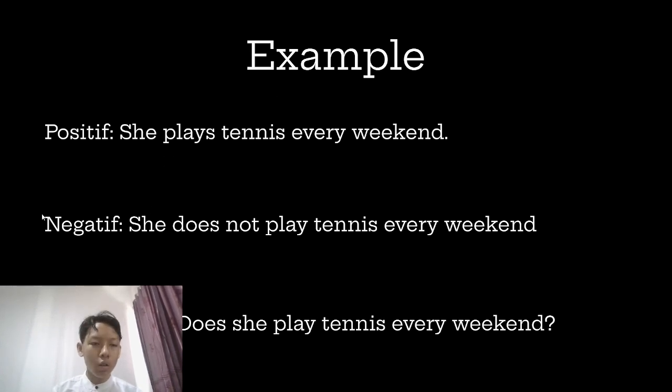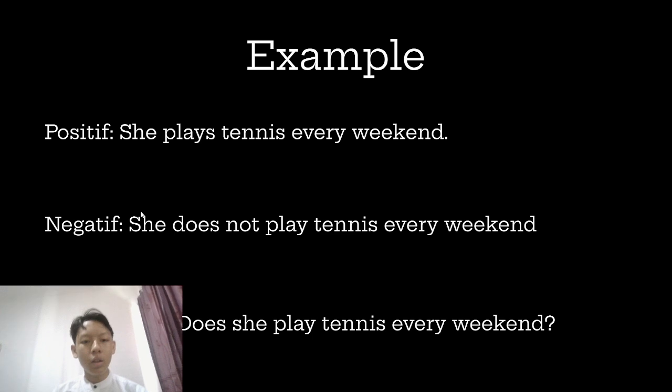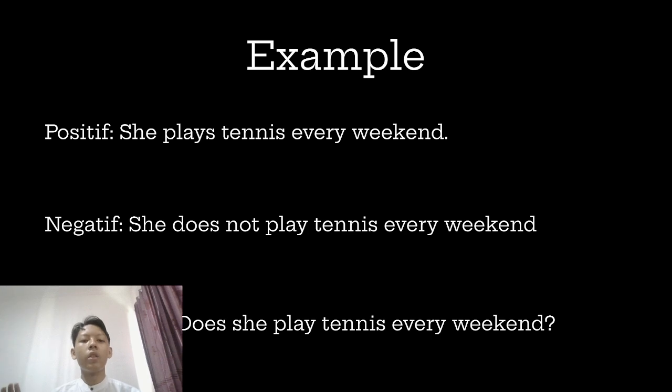The second is negative. You can see first she is the subject, and there is does. You can use do or does beside the subject, and the third is not, and the fourth is play, that means the verb one, and the last is the object or the complement.